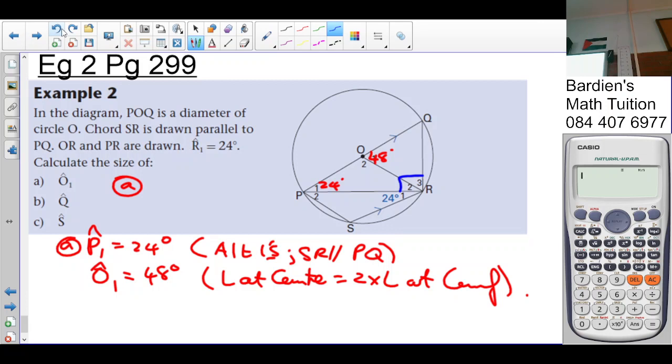Who sees the other way? Yes? R3 is the same as Q. Why? Angles opposite equal sides, radii. And then you do sum of angles of a triangle. So, 4 different ways of calculating Q. But I'm going to go with that 90 and then the triangle thereon.